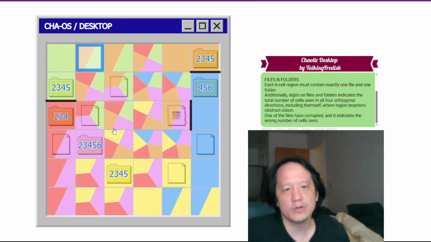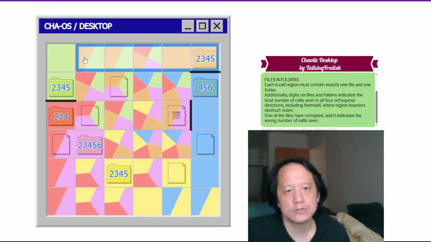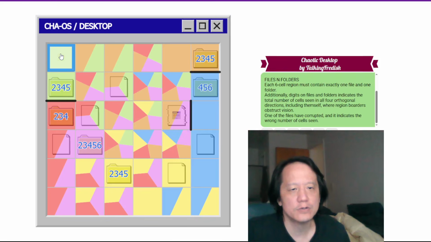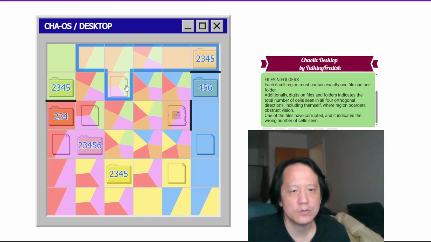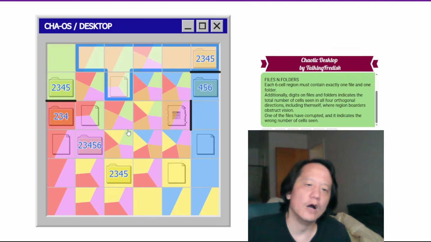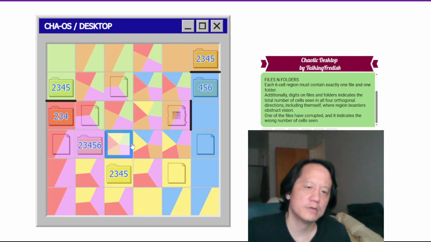Can this ever be orange? Wait. No, no, no, no. This could be orange here. Because orange could go... Oh, no. This can't be green.